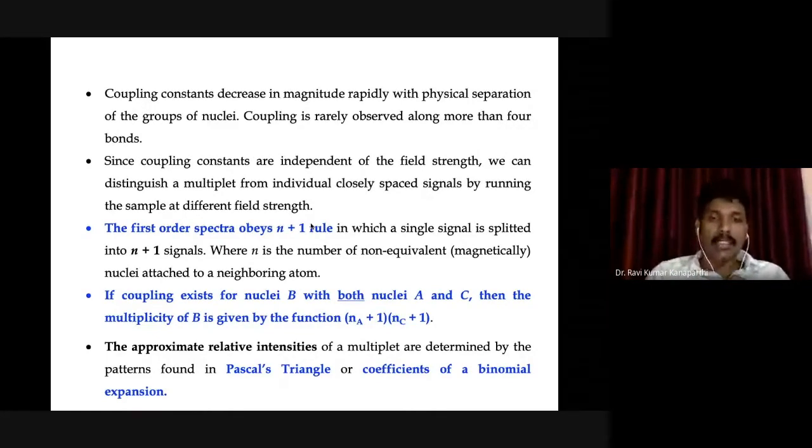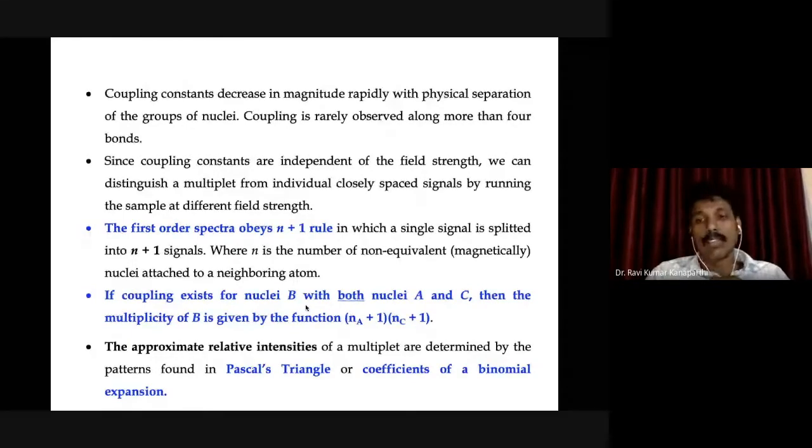Another characteristic is that if you have a nucleus which is associated with two different types of nuclei, then the multiplicity follows a different rule. For example, take a nucleus B coordinated with A on one side, and C on the other, where Na and Nc are the numbers of equivalent protons on the adjacent atoms.